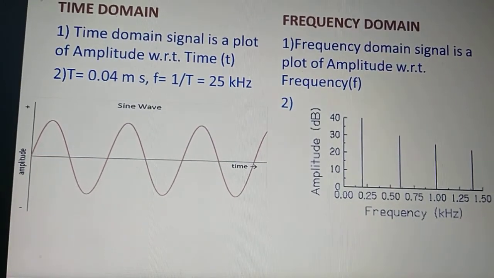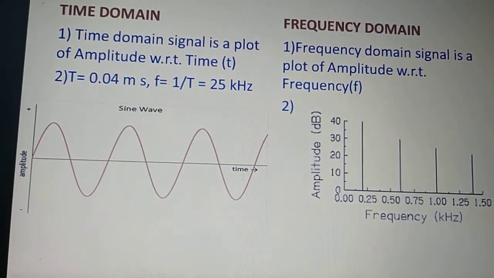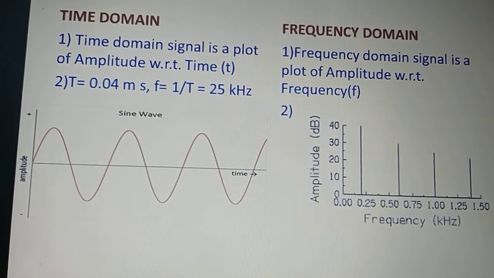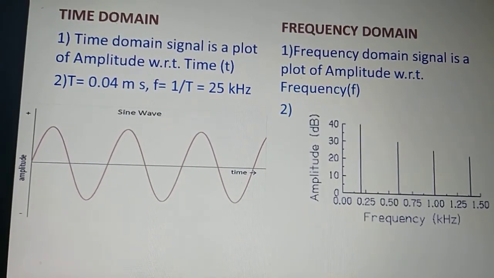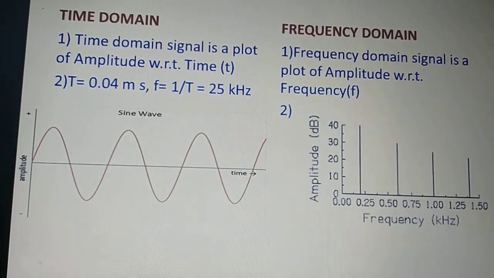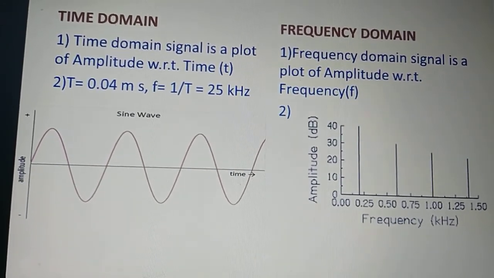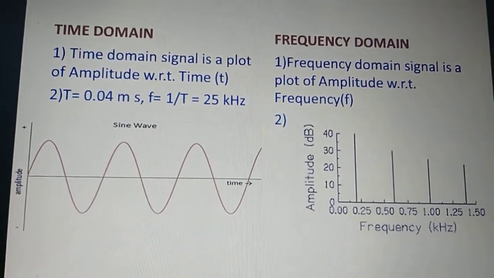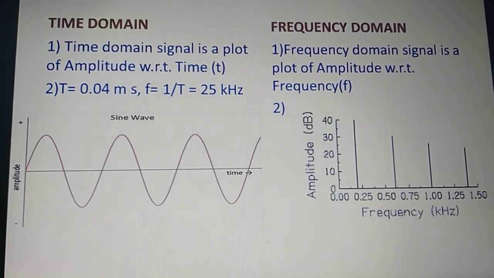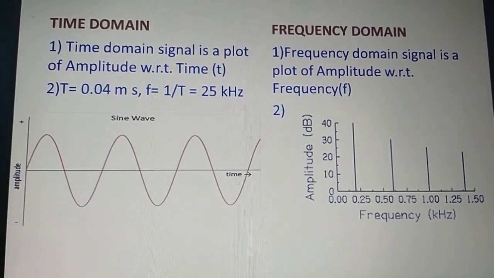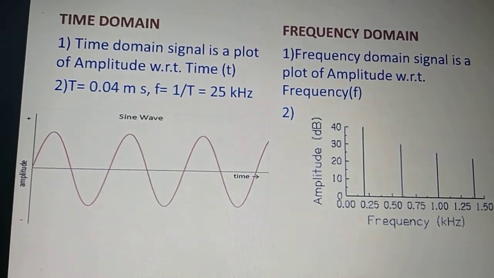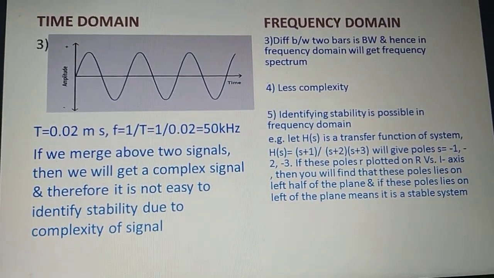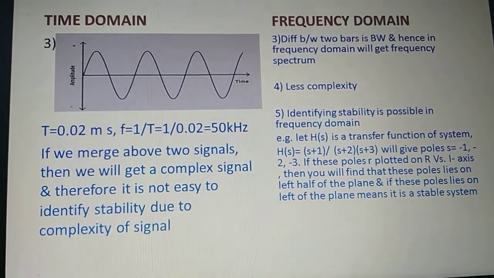If you see the graph for frequency domain signal analysis, you can see the first two sticks at 0.25, that means 25 kilohertz, and 0.50, that means 50 kilohertz. You will get only a single stick for a whole wave, and therefore in frequency domain analysis the signal can be easily identified and hence becomes less complex.